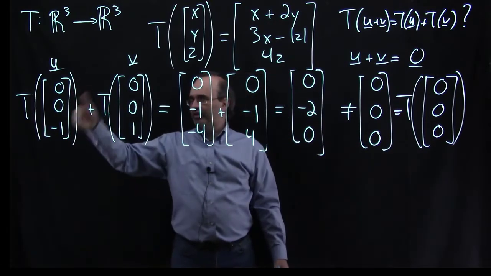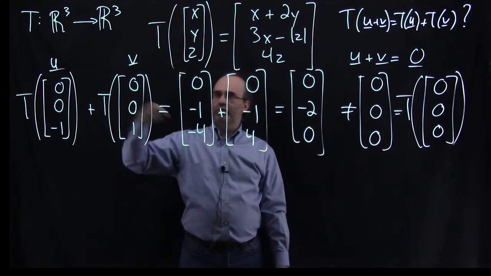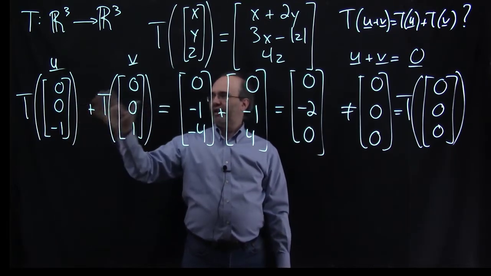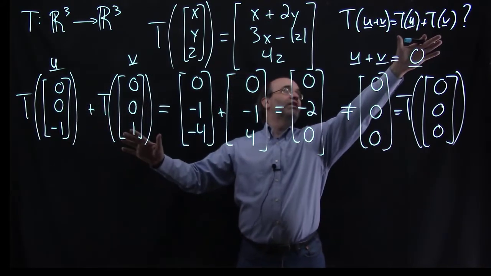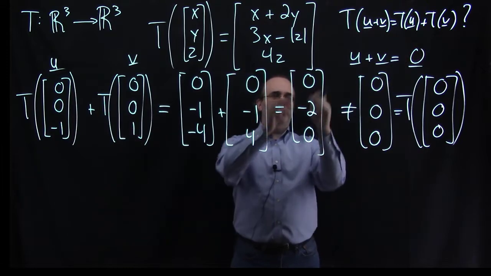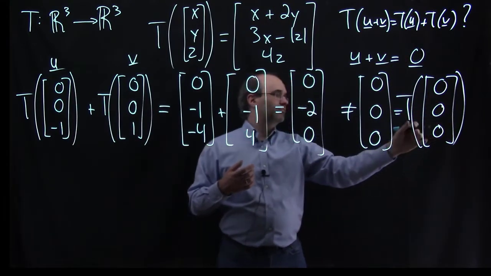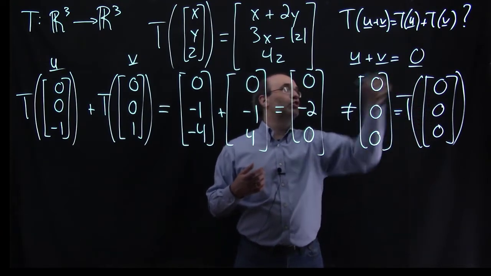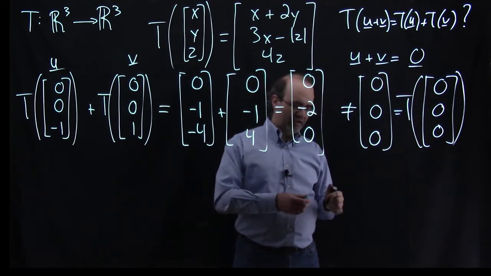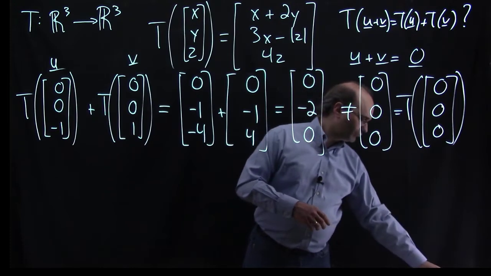When u is 0, 0, negative 1, and v is 0, 0, 1, I can compute T of u plus T of v, and I get 0, negative 2, 0. It's not the same thing as T of the sum. Again, this 0 vector is u plus v.